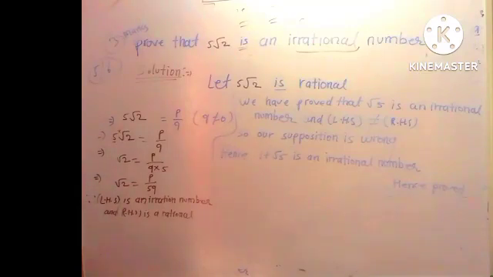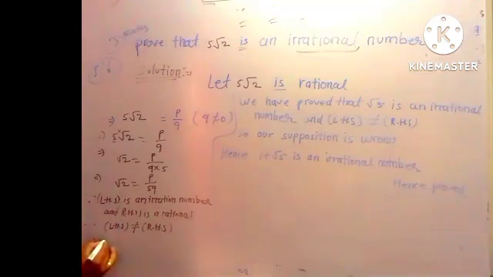This step is clear. So what's the meaning of this? Is the left hand side equal to or not equal to the right hand side? Not equal. Left hand side is not equal to right hand side. That means our supposition was right or wrong? Wrong.